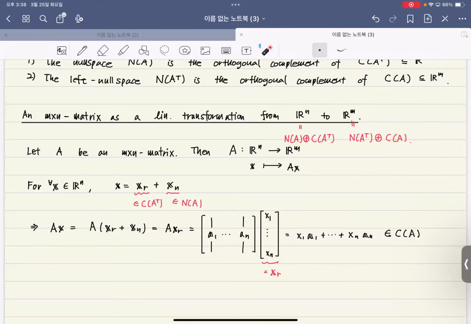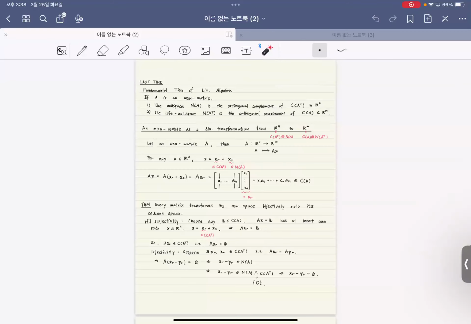And since the null space and the left null space are complementary dimensional spaces, the dimension of this one is n minus r, and this is m minus r. I just want to say that these two spaces have the same dimension, and I feel like they are somehow related to each other under the linear transformation A. And that is actually true.